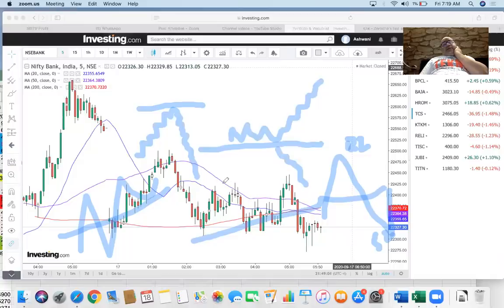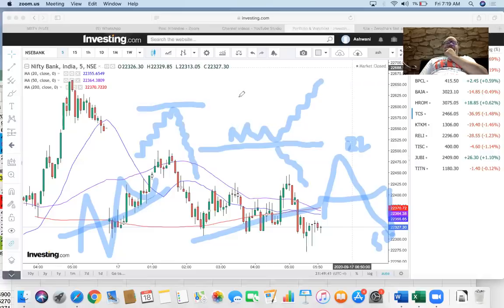But try to do it once some kind of pivot or some kind of resistance holds on. It is also possible that the market goes in one direction first and then reverses. So, like yesterday, we don't expect the market to expand in any one direction. So that is the broad view for the day.